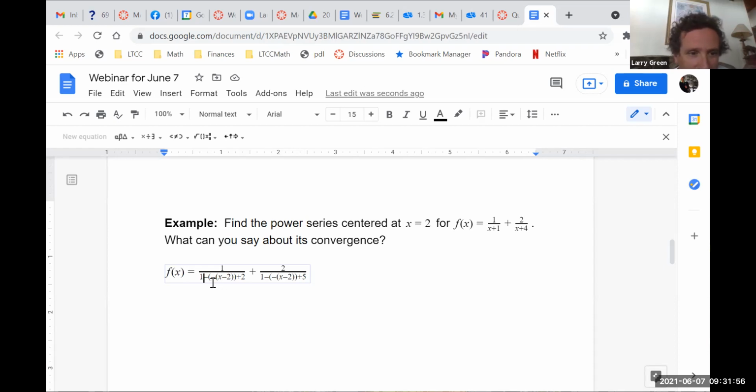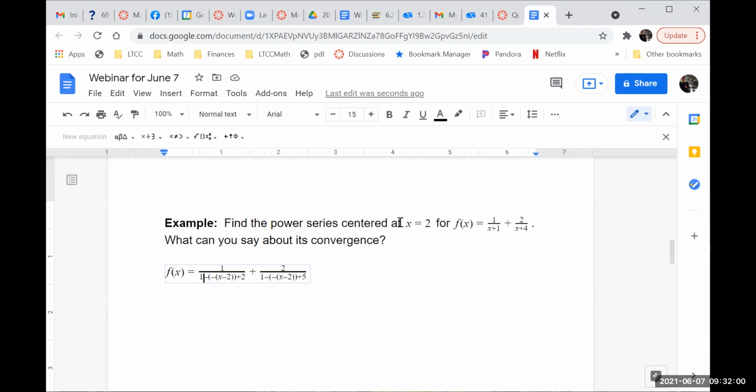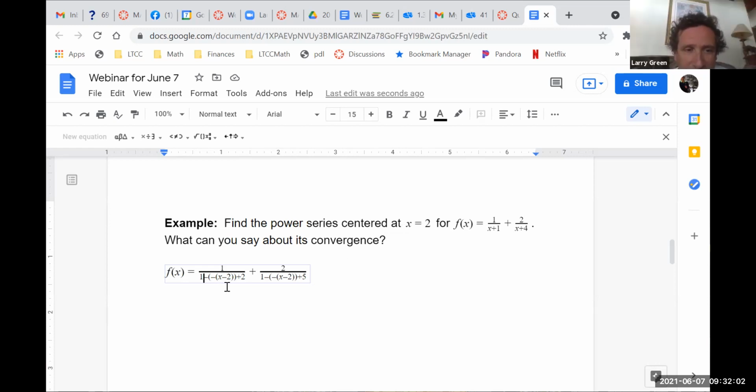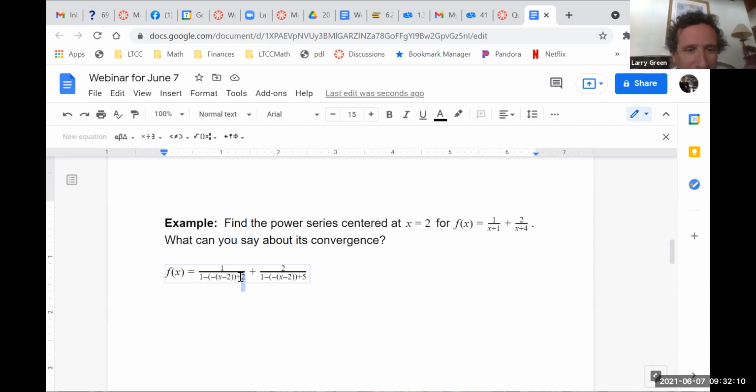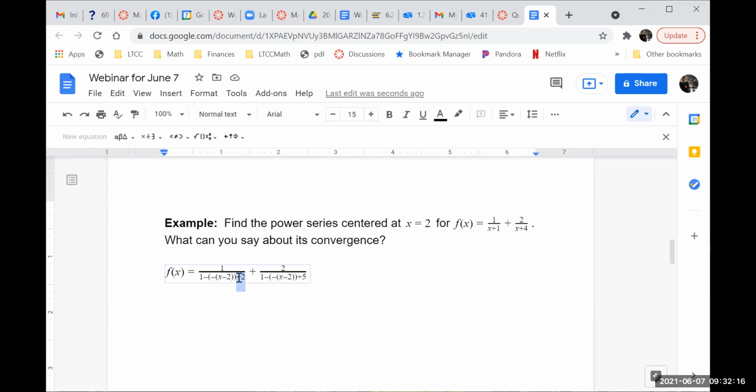So that's why I put the negative in front. Do you see that? Yeah, I do. And then I'm centered at x equals 2. So that means I have to have an x minus 2. So I'm putting all the things I need. And then at the very end, I decide what do I have to throw in there to make it equate. Okay, I think I understand now. Thank you. Yeah, it's very tricky, isn't it? Yeah, it was a little confusing.